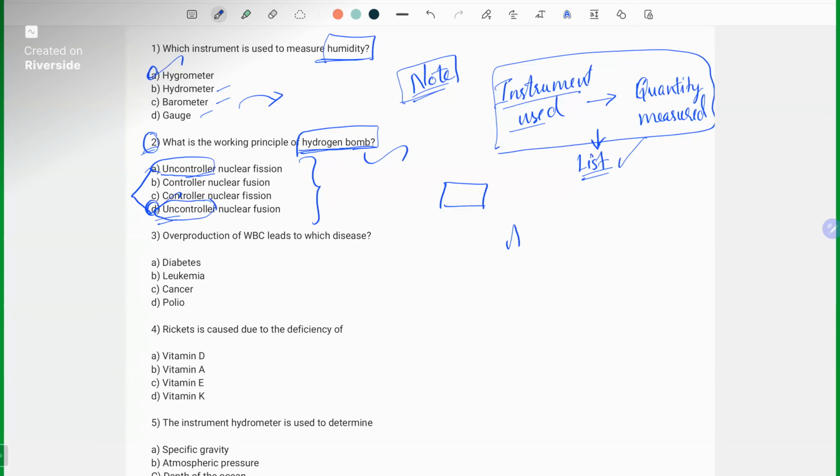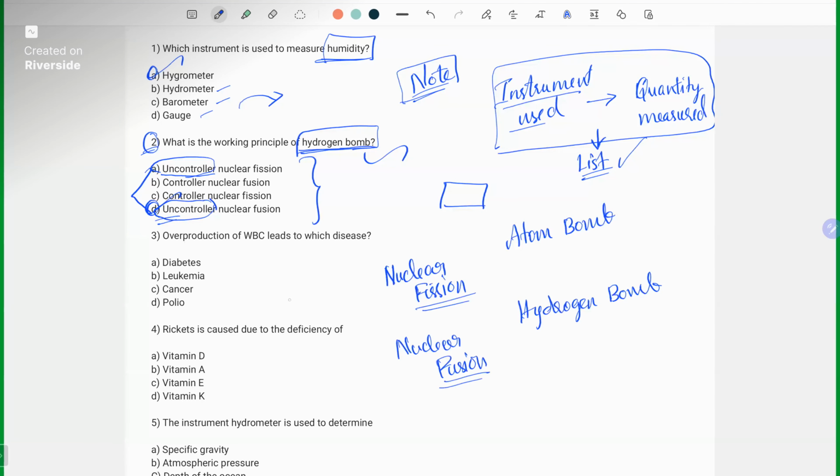See, there is atom bomb, there is hydrogen bomb, and also there is a process called nuclear fission, and there is a process called nuclear fusion. See, fusion is when two lighter unstable nuclei bombard.